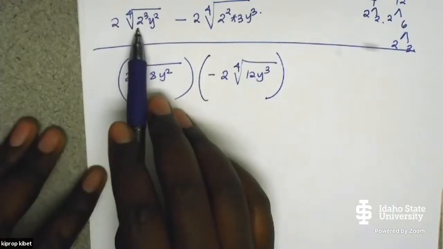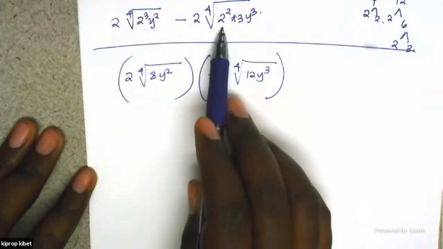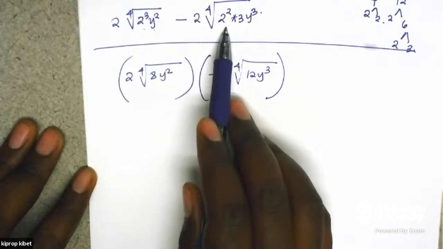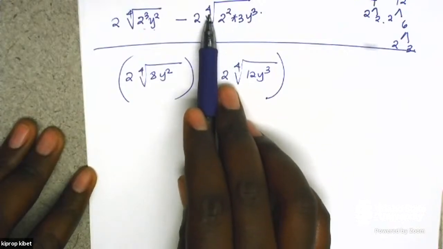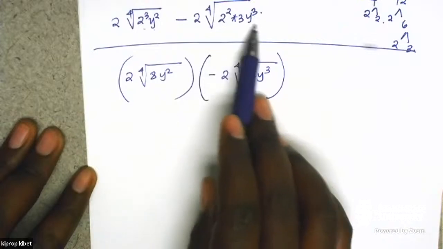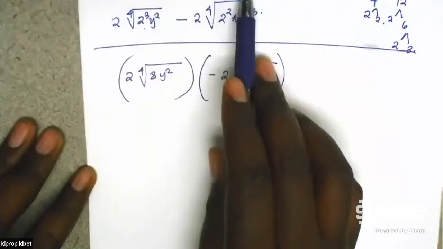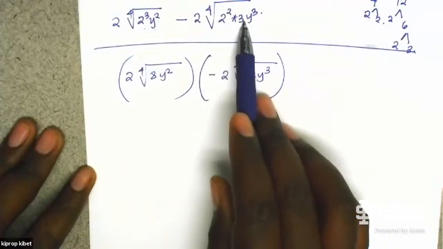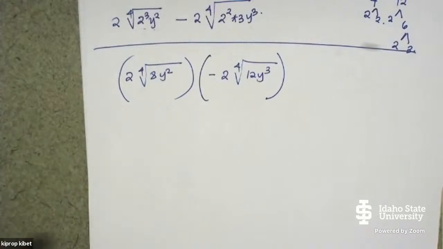Since these are not of the same kind, even if you simplify, you cannot factor anything out here because this is raised to 4. So if they are not of the same kind, you cannot add or subtract.